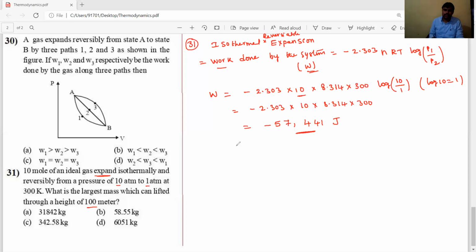Now how much mass is moved to the 100 meters height by this work? We know that work is equal to minus mgh.